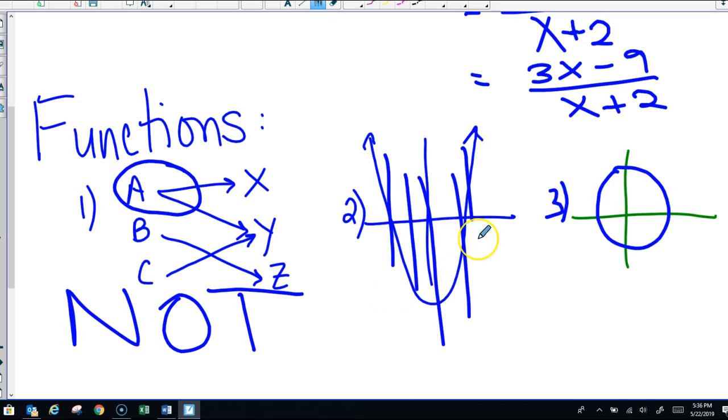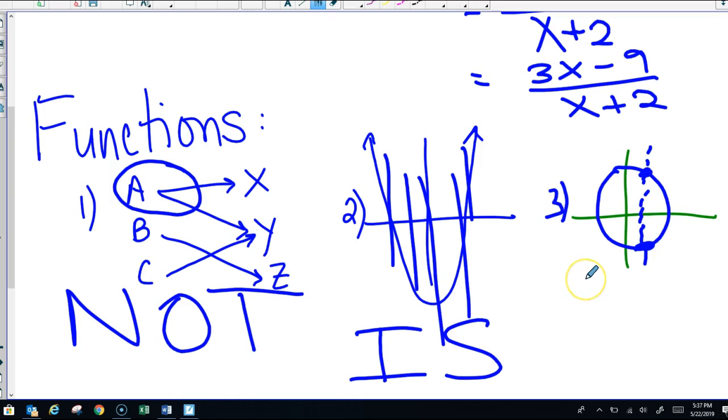Each of those vertical lines only touches once, so that means it is a function. Versus over here, if I picture a vertical line going through there, it is touching here and here. Those x numbers for those two ordered pairs are going to two different y numbers. That is not allowed in order to be a function.